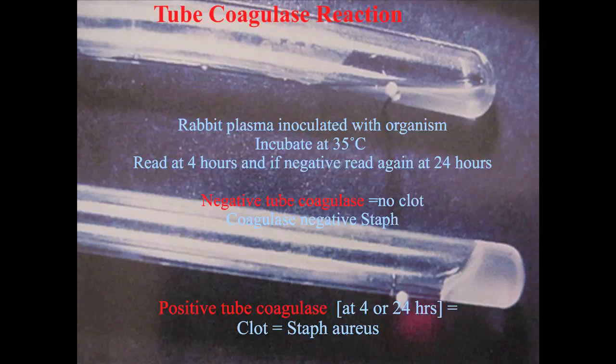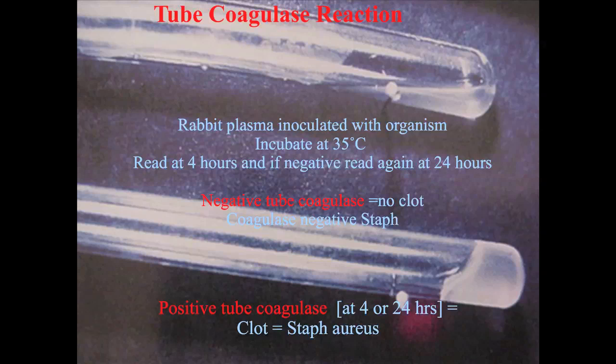After 4 hours, if you have a firm clot in the tube, like shown in the bottom of the picture, that shows that you have clumping factor, and that's Staph aureus. If you look at the upper tube, there is no clot at all. At 4 hours, if there is no clot, you have to re-incubate for 24 hours. After 24 hours, if you still have no clot, then that is a coagulase negative staph.